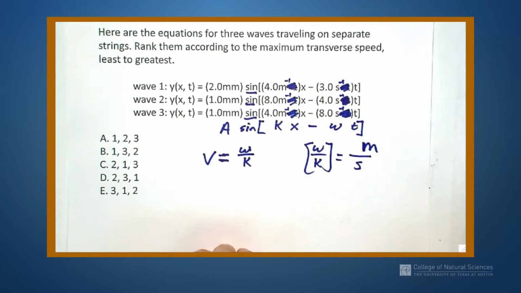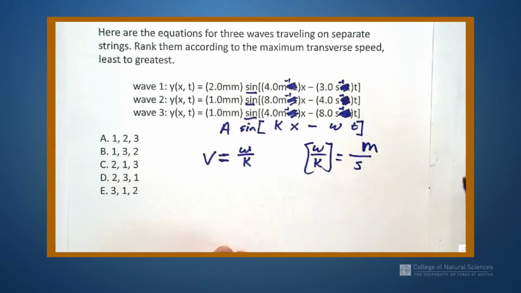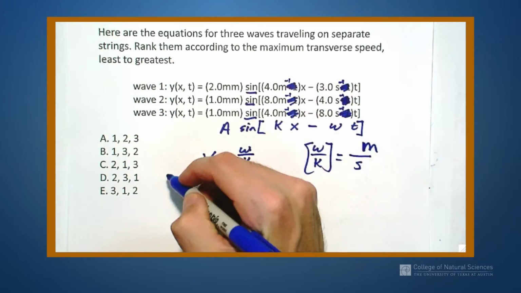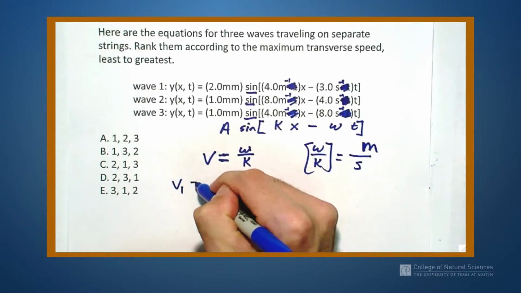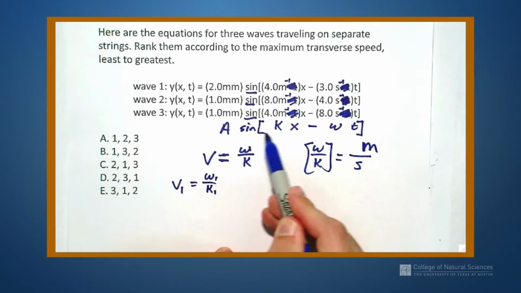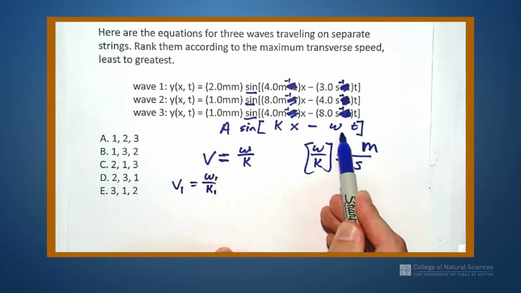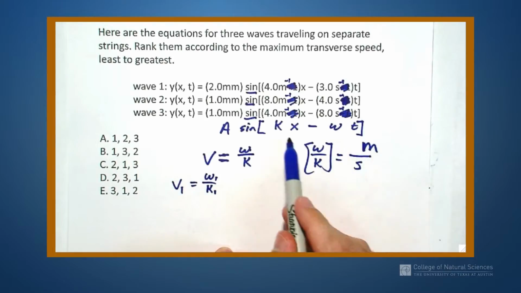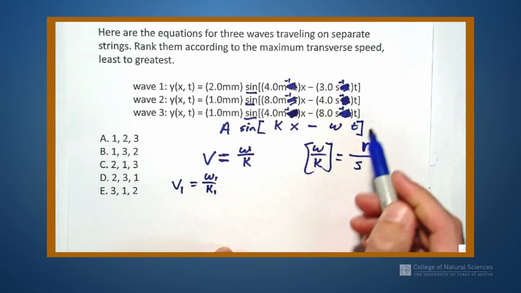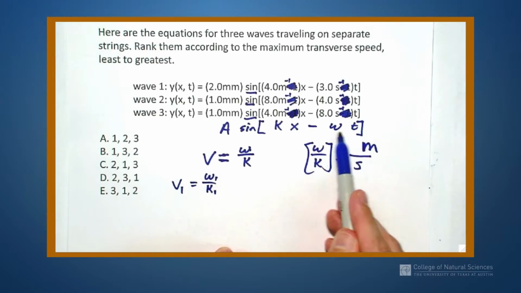So all I'm trying to figure out is which one has the lowest velocity and the greatest velocity. So in velocity 1, this is omega 1 over k1, because I'm just comparing the equations that they gave me, these three, to the general equation for a wave, which has a kx term and a minus omega t term.